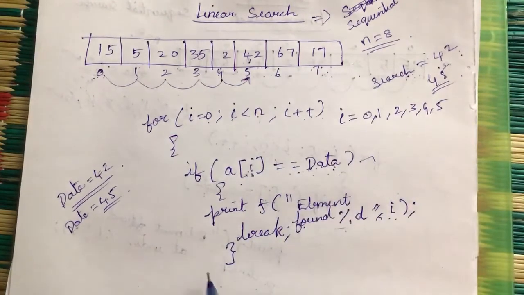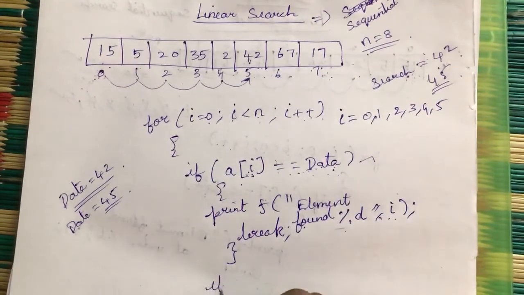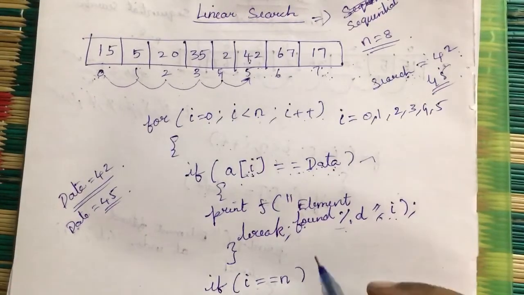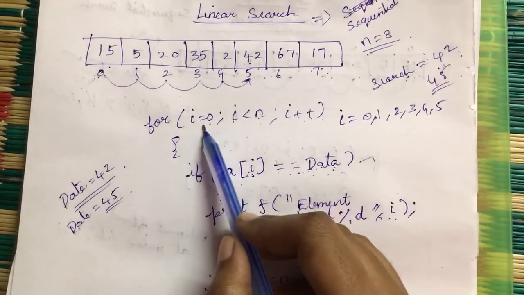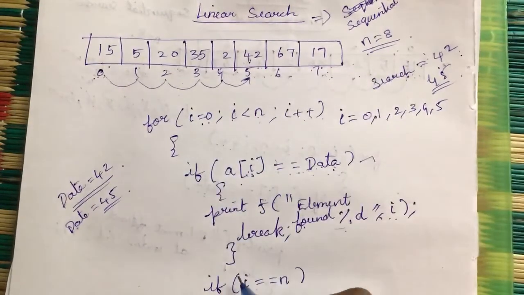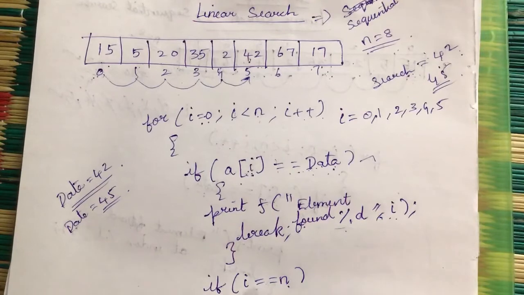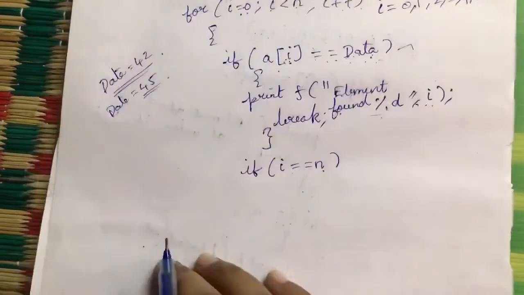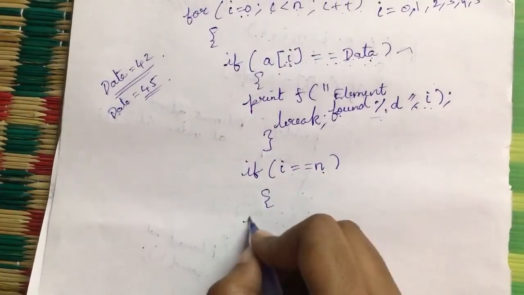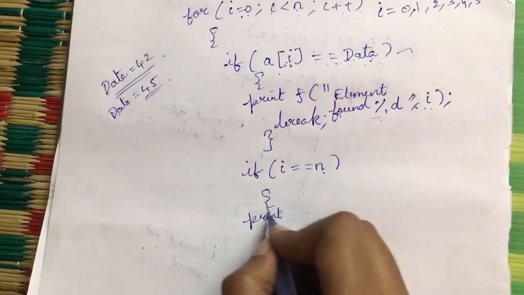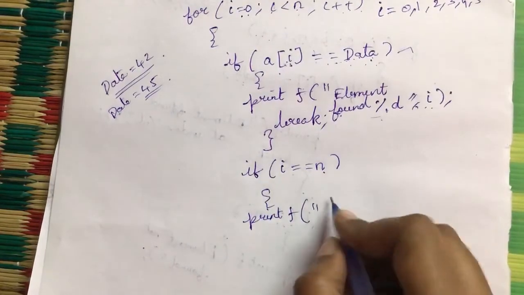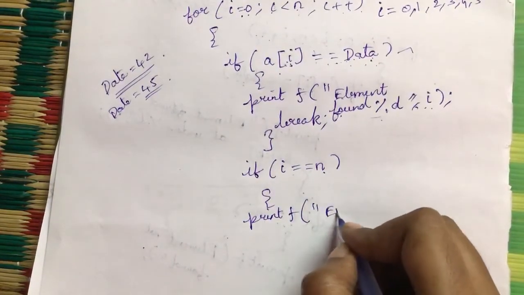So here I am going to write one condition for that. If the i value is equal to n, when the i value becomes 8 and the n value is also 8, at that condition we print element not found.